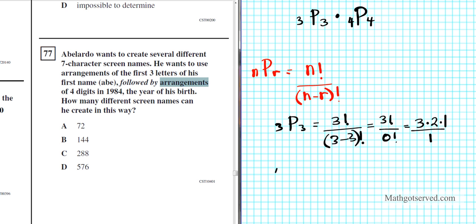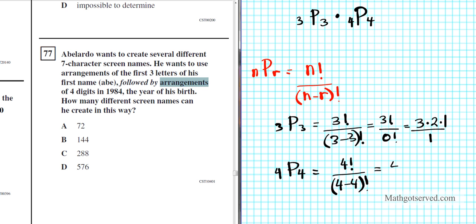And then 4, the number of ways you can arrange 4 elements, selecting 4 at a time. Using this formula, we're going to have 4 factorial over 4 minus 4 factorial, okay? In this case, note that the first letter is the n, this is the n here, and then this is the r, okay?